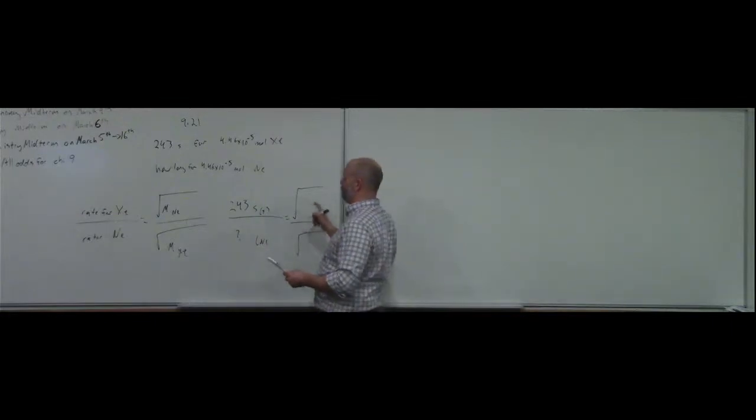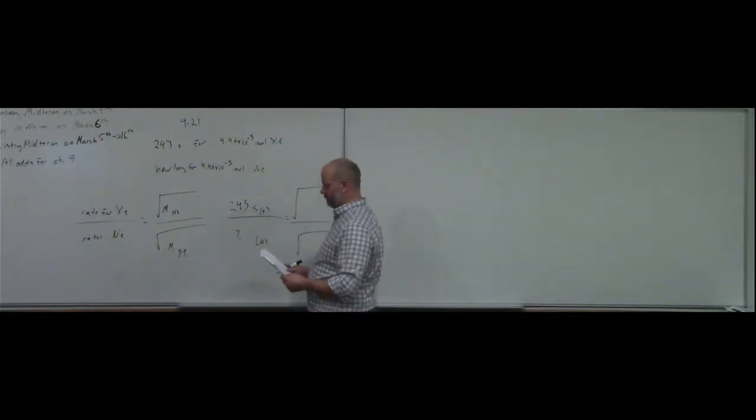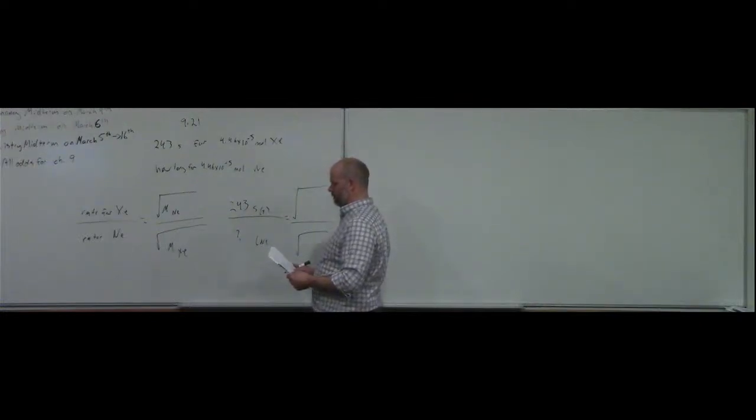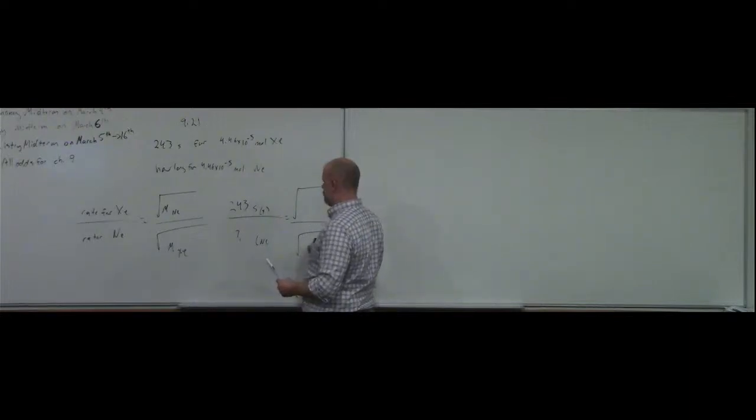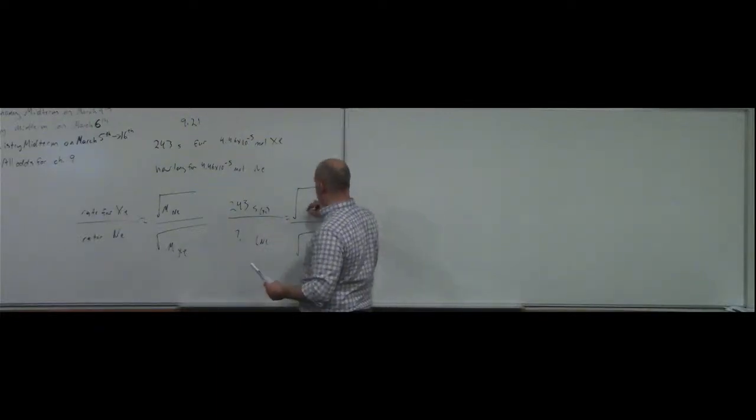Go ahead and give me your molar mass here. What do we have for molar mass for xenon? 131.29. 131.29. Okay, grams per mole. And how much for neon? It's 20.179. 20.18 grams per mole. Okay.